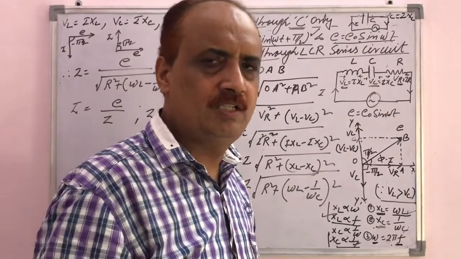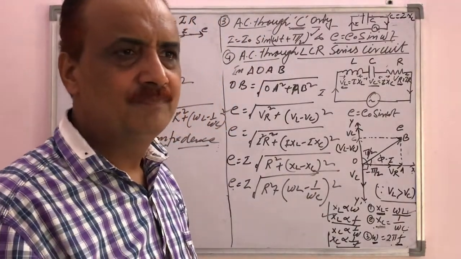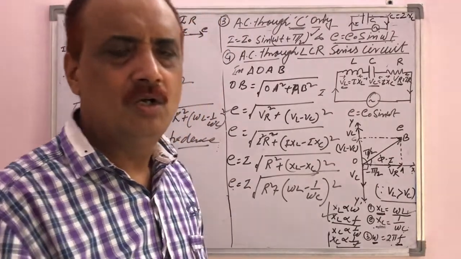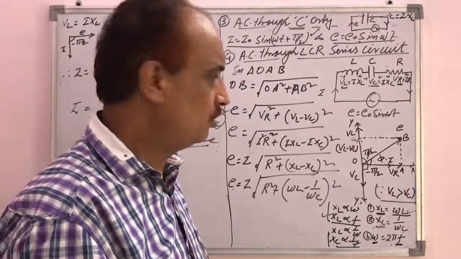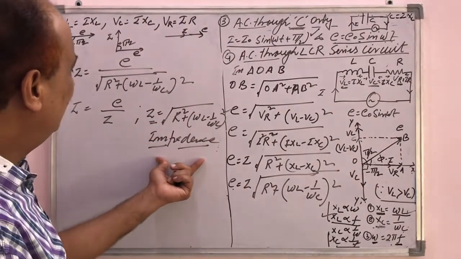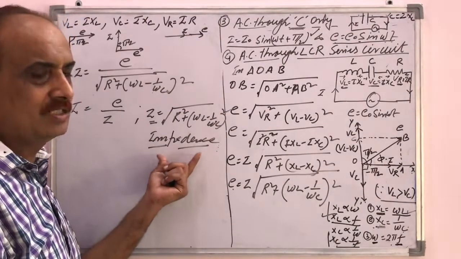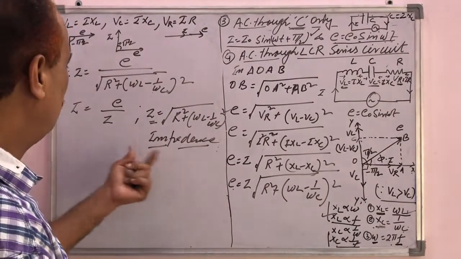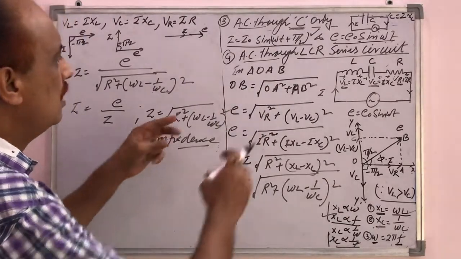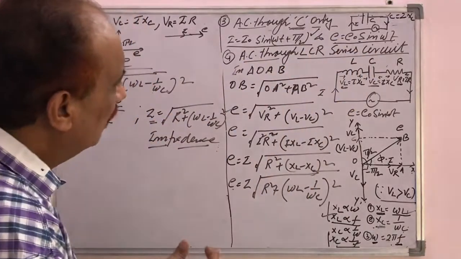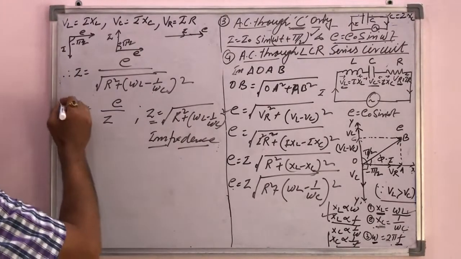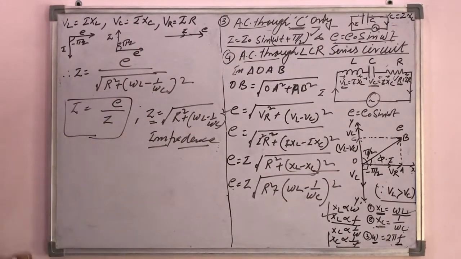So the effective resistance offered by the LR circuit, maybe a CR circuit or LC circuit, or maybe the LCR series circuit, is known as the impedance of the circuit. Again, it is the resistance of that circuit, but in terms of the combination of these three devices, we represent it here by Z. So I will be equal to E upon Z. This is the formula for the current flowing in the circuit.